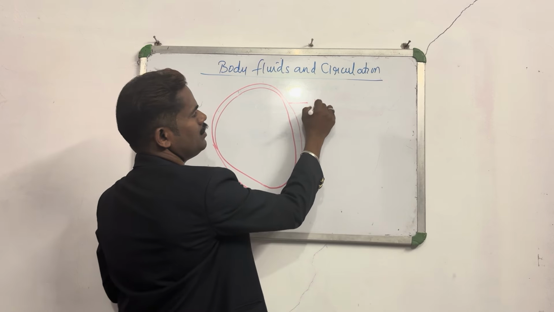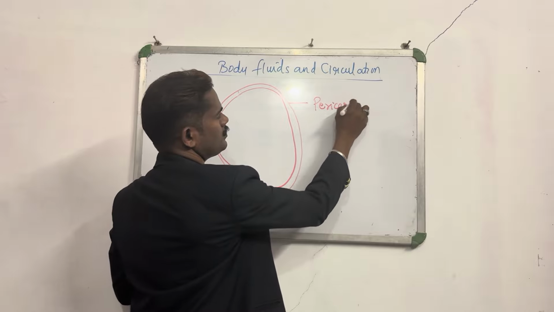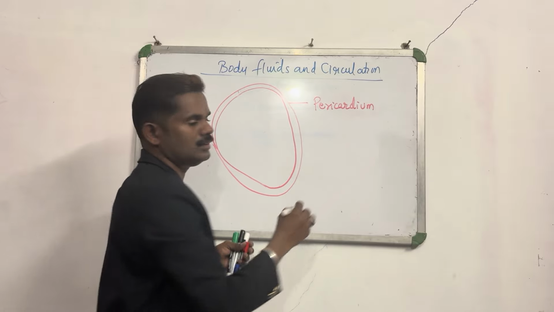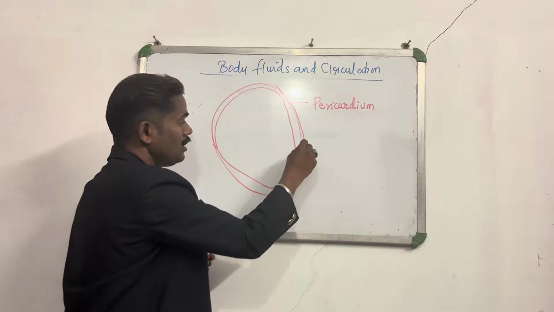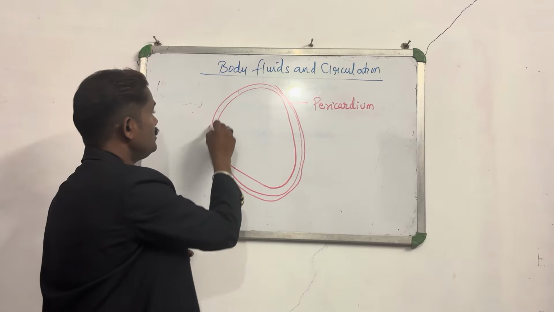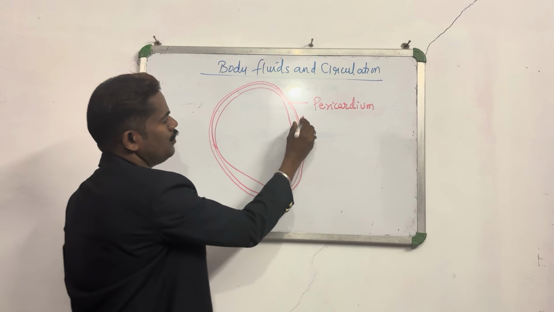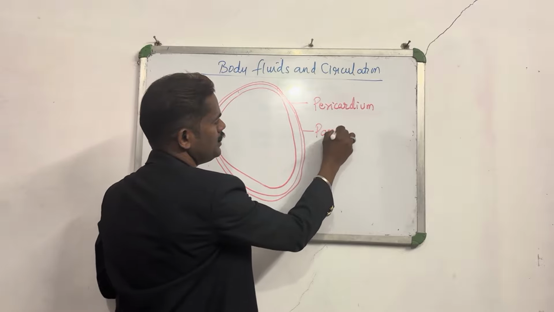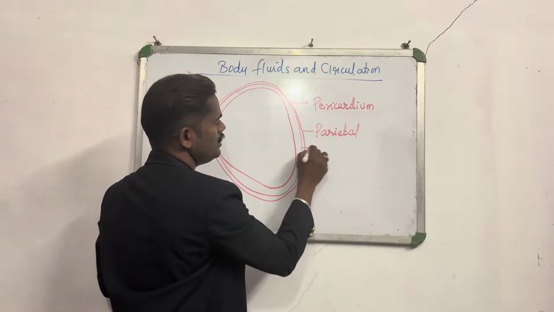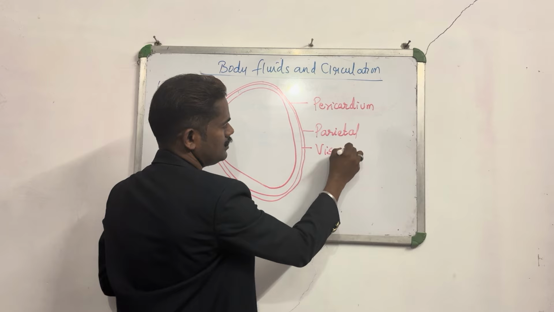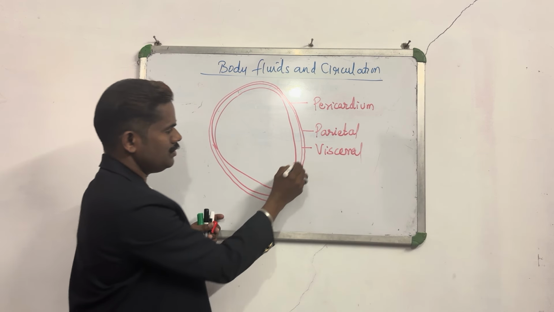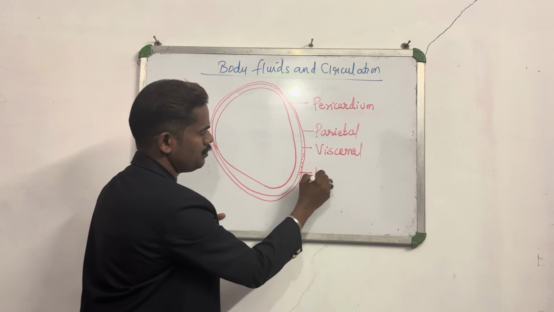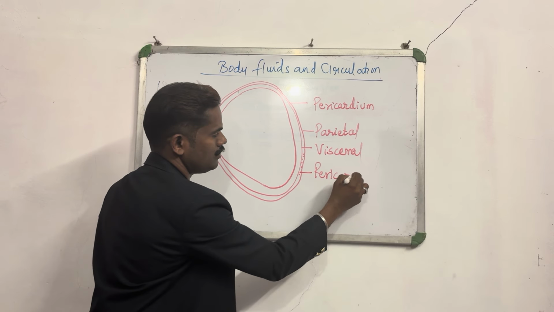This membrane is called the pericardium. The pericardium is also made up of two layers, an outer layer and an inner layer. The outer layer is called the parietal pericardium, and the inner layer is called the visceral pericardium. In between these, a fluid is present, called the pericardial fluid.